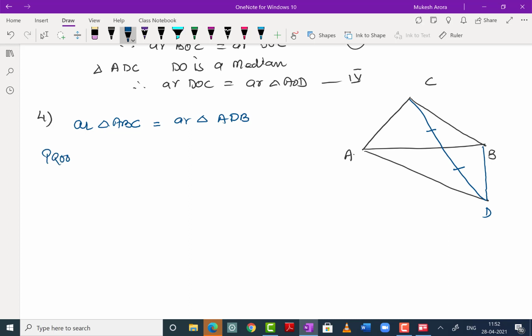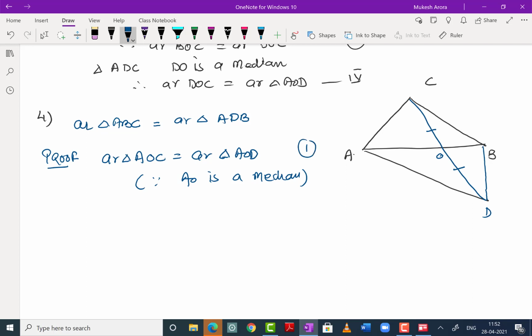Proof. This is bisected, so this is O. So we will write area of triangle AOC is equal to area of triangle AOD because AO is a median. Then area of triangle BOC is equal to area of triangle BOD.